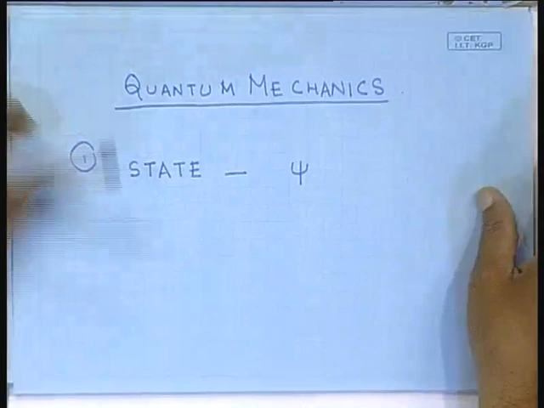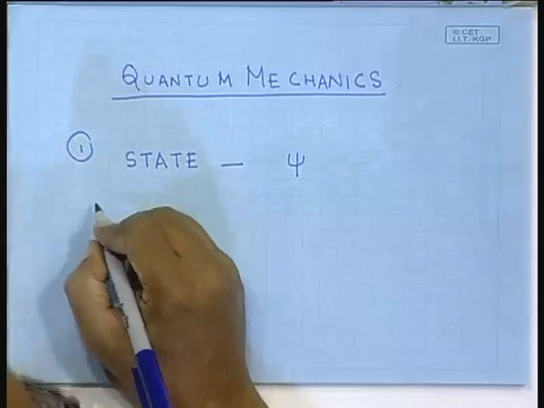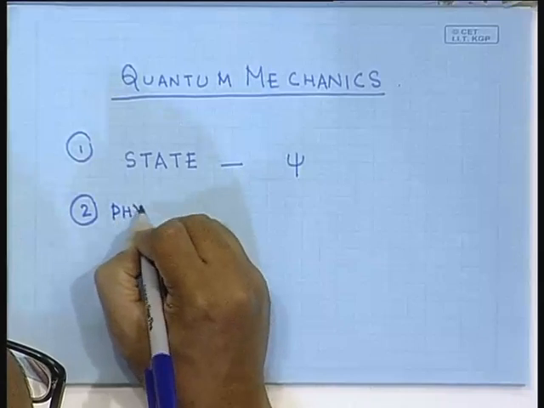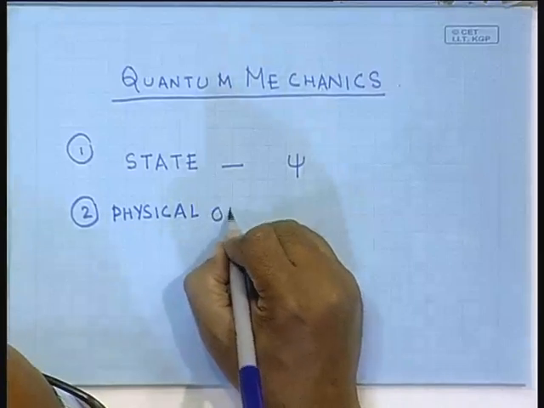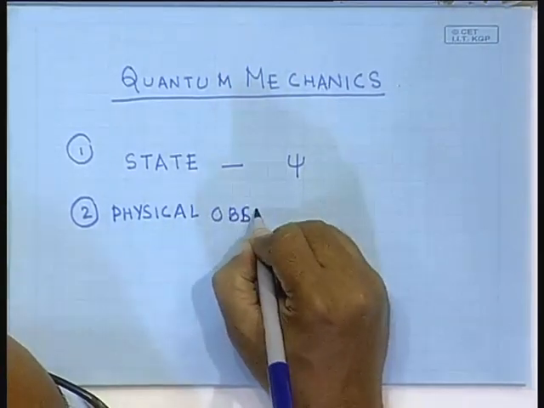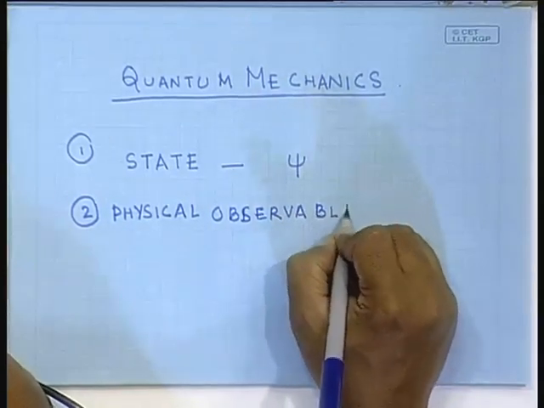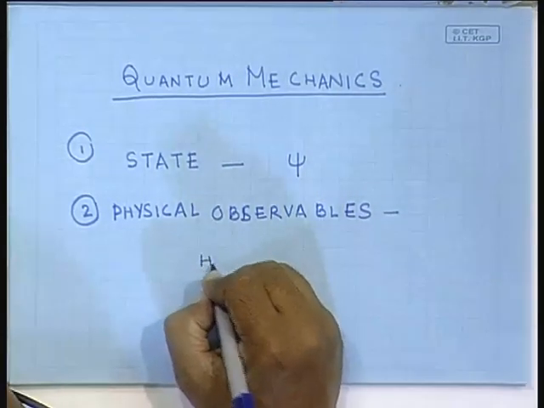So, here we have to introduce another postulate. I have already told you that the state of the particle is represented by a wave function psi. The second thing is that physical observable quantities are represented by Hermitian operators.